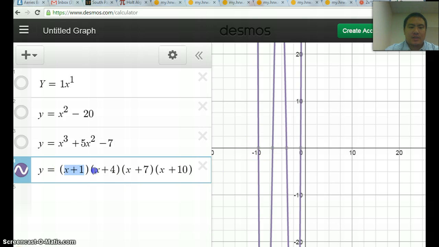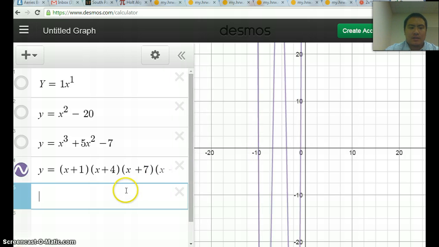And that comes from these factors right here. From these factors, I can tell that the zero is always x plus 1 equals 0, so that makes it negative 1. So that's right here. x plus 4 equals 0, well, that makes it negative 4. x plus 7 equals 0, that gives it negative 7. And then x plus 10 equals 0, that's negative 10.